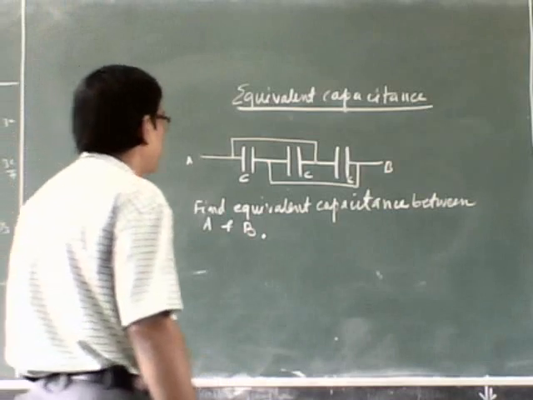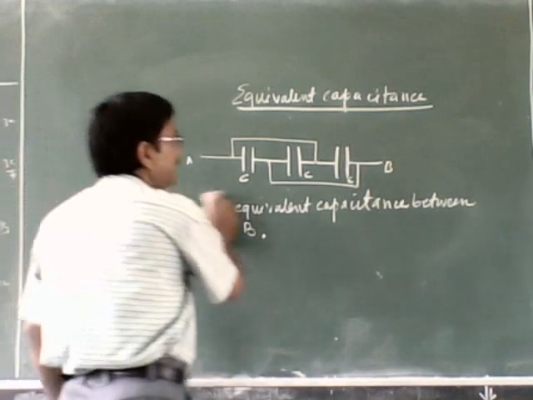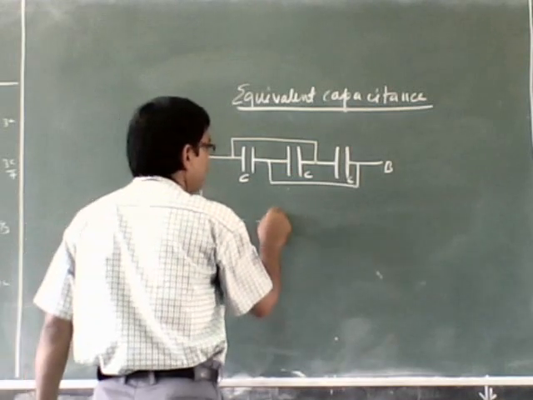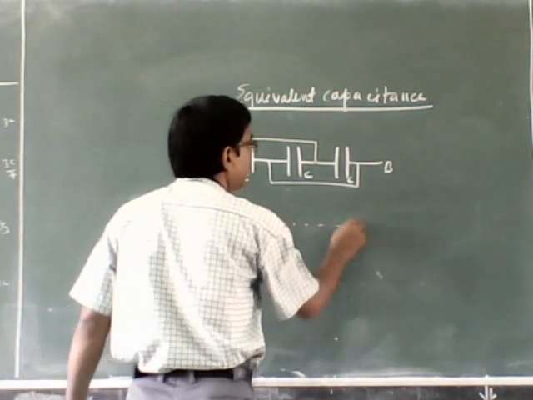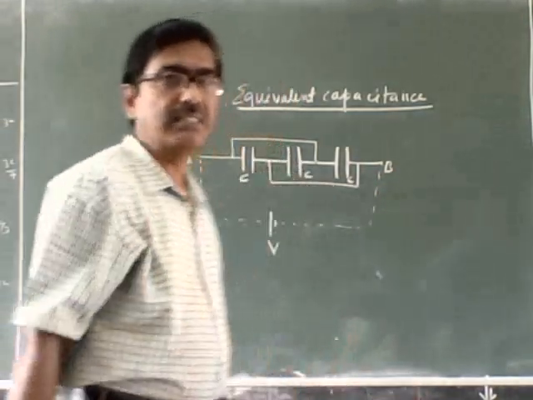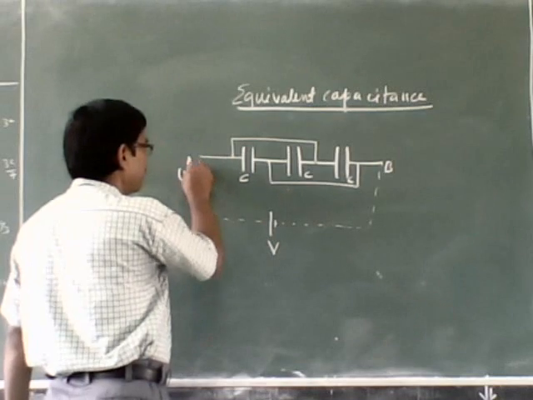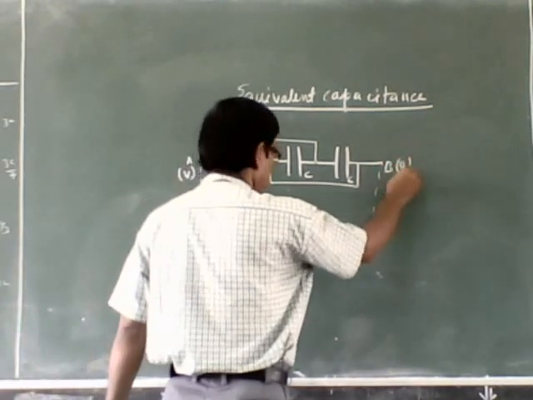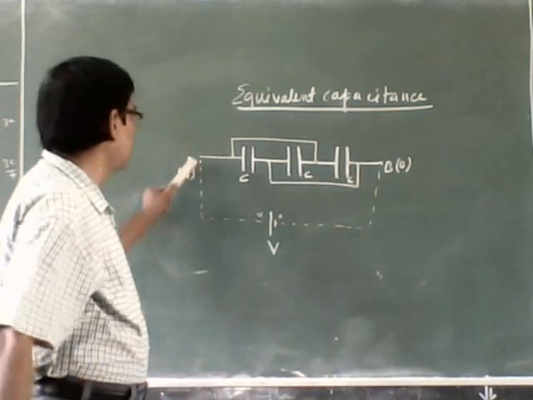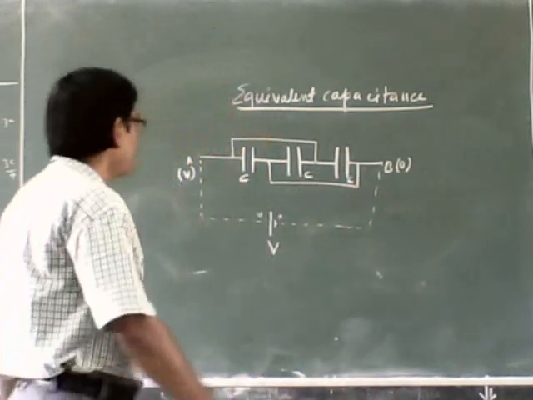How to find the equivalent capacitance? Firstly, consider that these two points A and B are connected to an imaginary cell with potential difference V. So point A is at potential V, whereas point B is at potential 0.